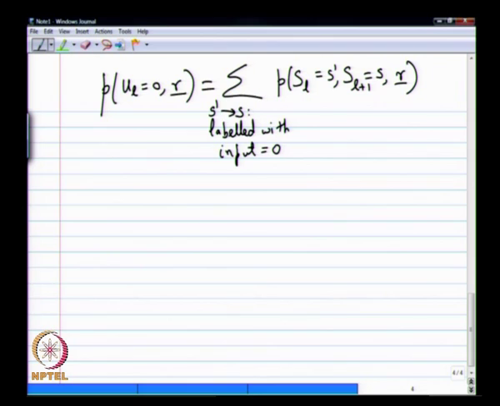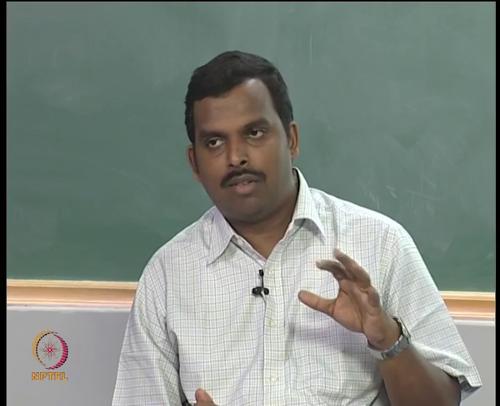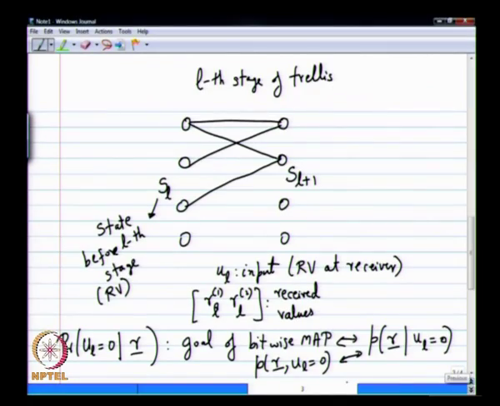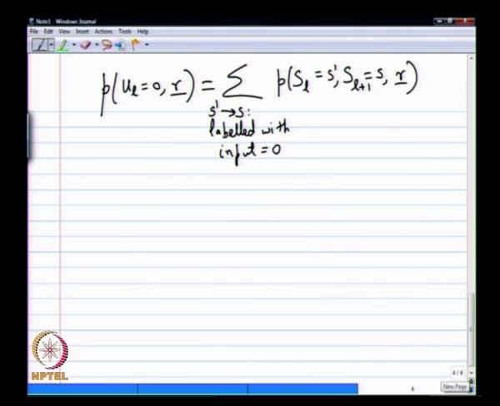Out of the 8 branches in the trellis, 4 correspond to UL equal to 0 and the other 4 correspond to UL equal to 1. I am only going to look at those branches where UL equal to 0 happened, look at the starting state and the ending state, and let S prime and S vary over those. Then I can write this probability as the summation of this probability.